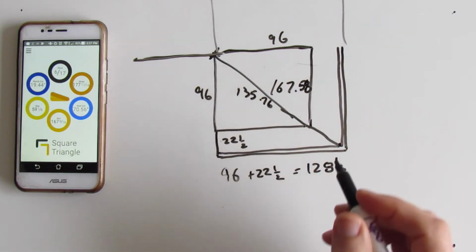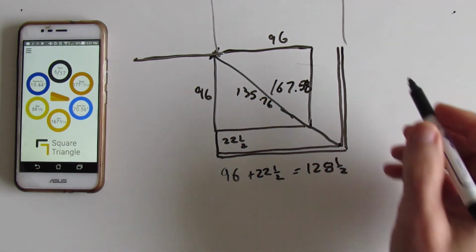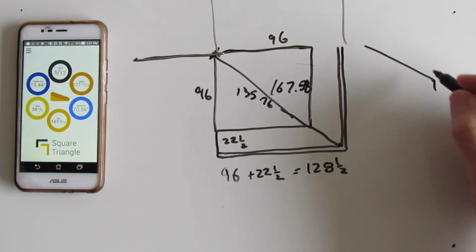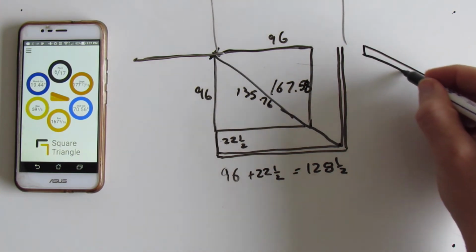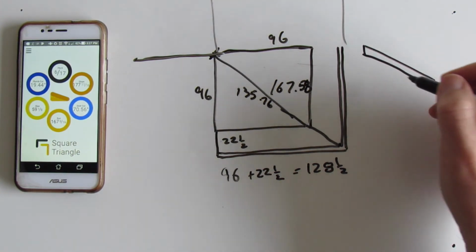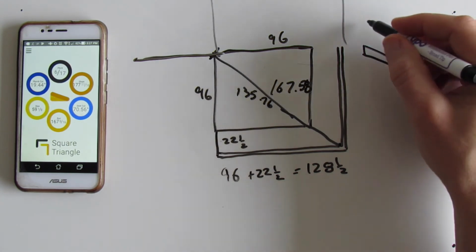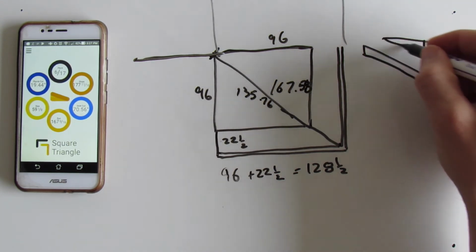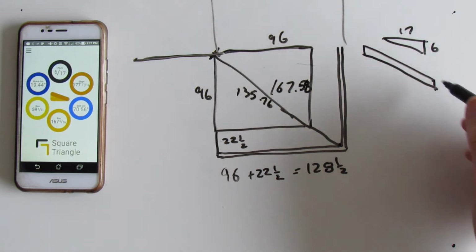So if we draw this hip from a side profile, this is like the 6/17 slope.